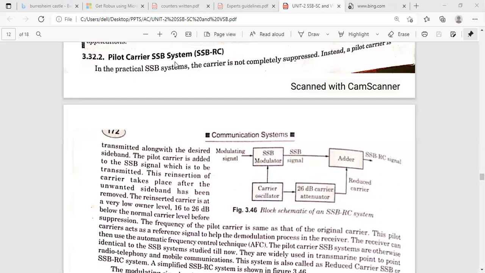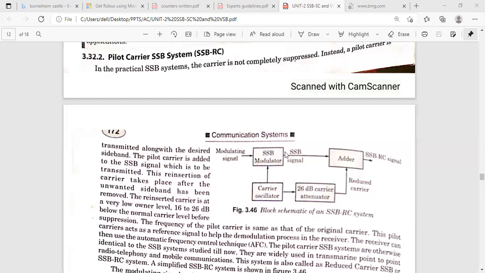So for the synchronization, in the transmitter we are reinserting the carrier, so that we can easily detect the original information from the SSB SC system at the receiver. That is nothing but the pilot carrier SSB SC system.